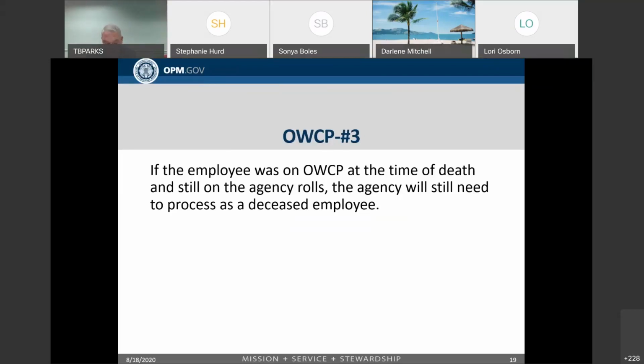If there's no CSI case, OPM will need to request copies of all the life insurance forms from the agency. And if the agency no longer has that, then we would request the official personnel folder from NPRC. We would probably try to go first to the agency to get that. Of course, that does put a delay on us being able to certify that life insurance, but we have to get that before we can go any further.